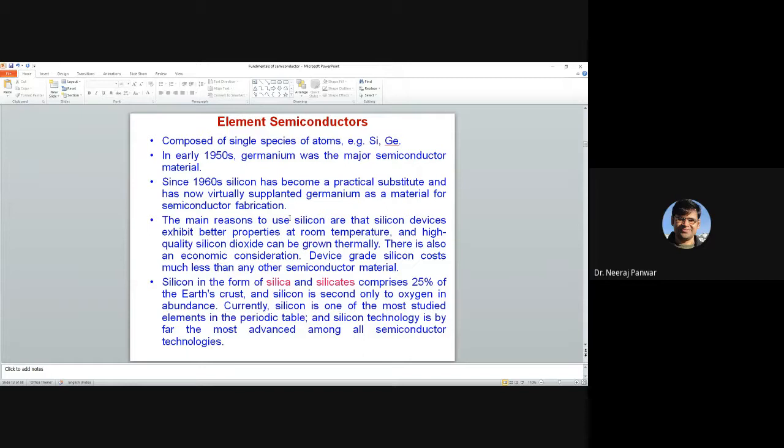Therefore, silicon devices are better than germanium devices, and that is why silicon replaced germanium in all electronic devices. I hope it is clear to you.